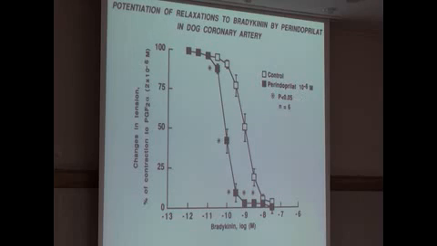Okay. And as you can see, there is a very significant shift to the left of the concentration response curve to bradykinin. In the presence of the ACE inhibitor, the blood vessel is much more sensitive to the endothelium-dependent relaxation caused by bradykinin.